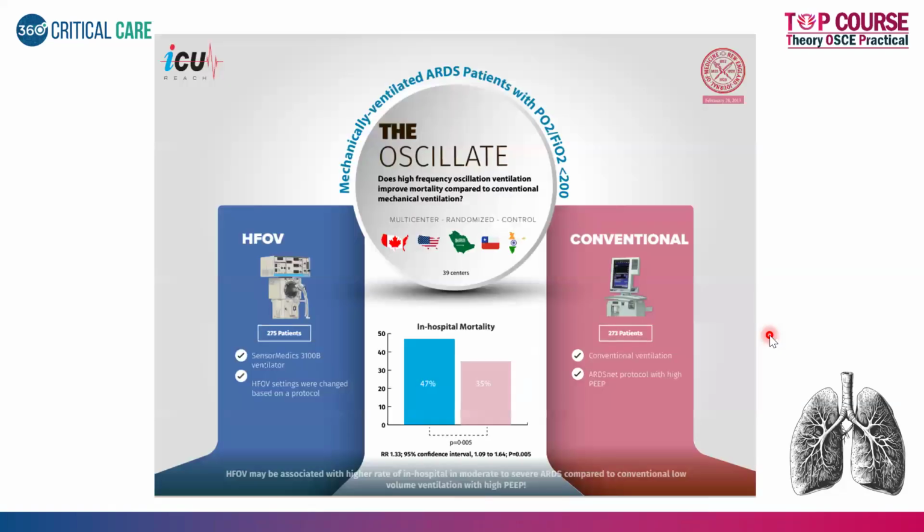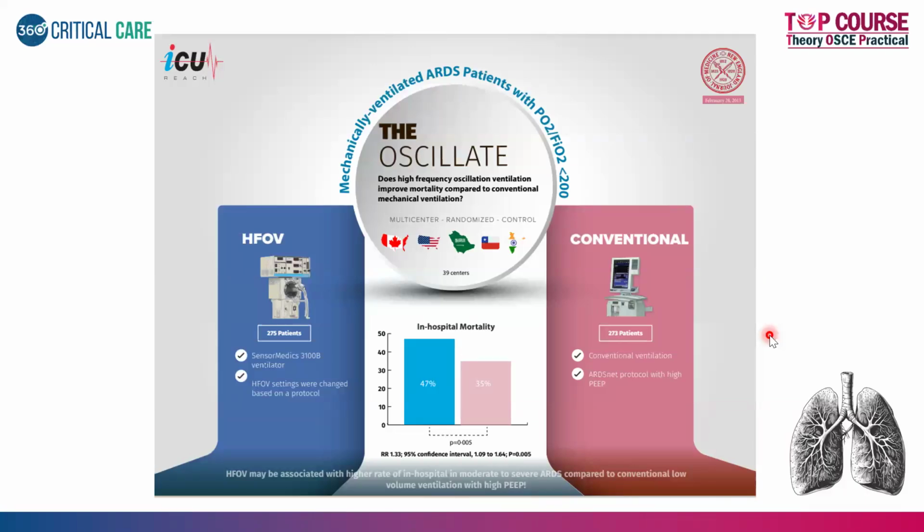Coming to a few negative trials, the role of high frequency oscillatory ventilation in ARDS. These are trials which were done actually in the year 2013. This is when Berlin's definition was just out, and people were actually stuck with the management of patients with moderate to severe ARDS. So the Oscillate trial was actually a multicentric randomized control trial.